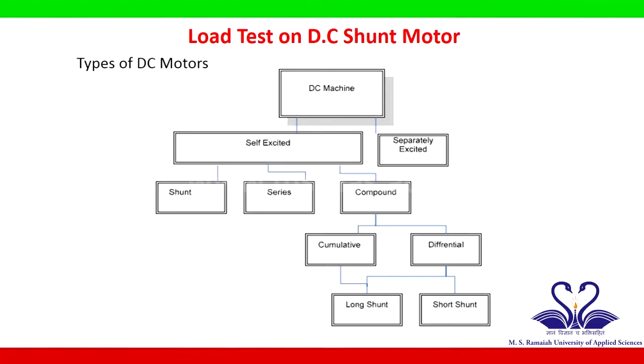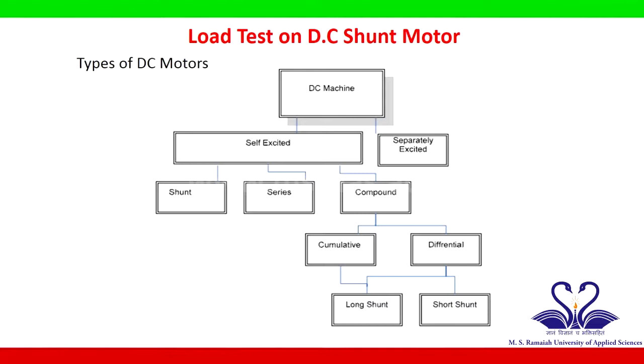Based on the direction of the field winding connection, compound machines are further classified into two types, that is, cumulative and differential. Compound machines are further classified into two types, namely, long shunt compound machine, in which shunt field is connected in parallel with series combination of armature and series field winding.